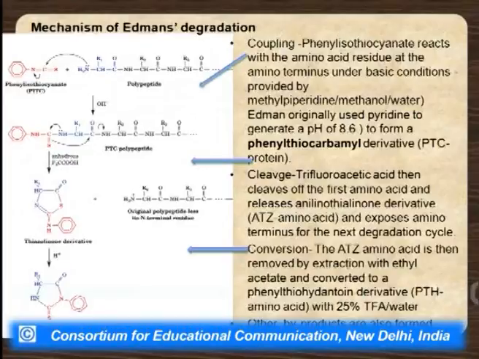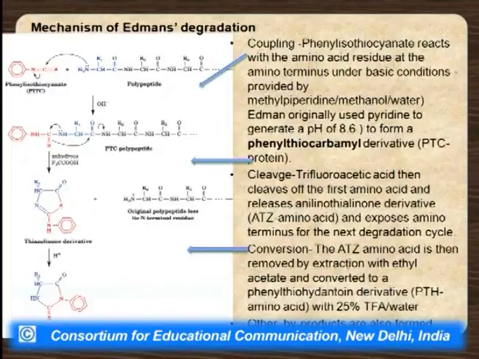So, looking briefly at the mechanism of Edman's degradation, it comprises 3 steps: the coupling, cleavage and the conversion reaction. The coupling step shown here is one in which PITC reacts with the amino group at the N terminal, and this occurs under basic conditions.